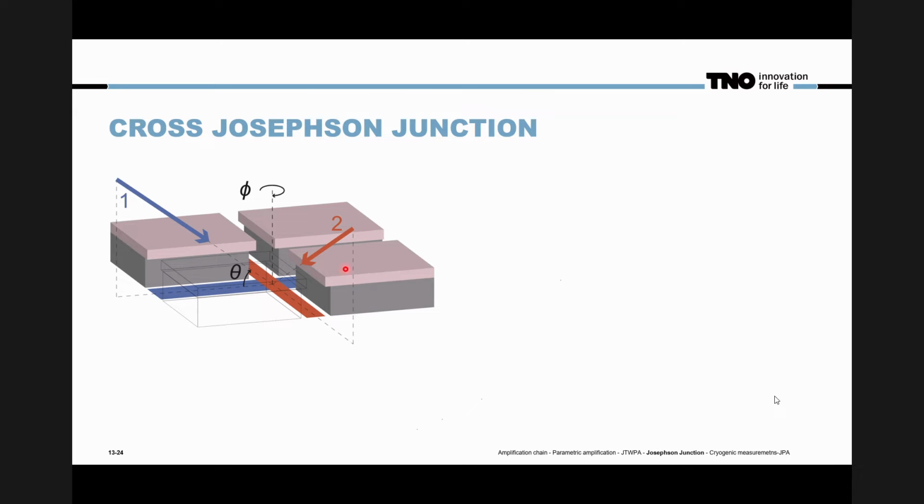We expose a cross-like pattern using electron beam lithography on a bilayer resist, and the lower resist layer is more sensitive to the electrons than the top resist layer, which creates an undercut needed for a liftoff, which I will explain later.